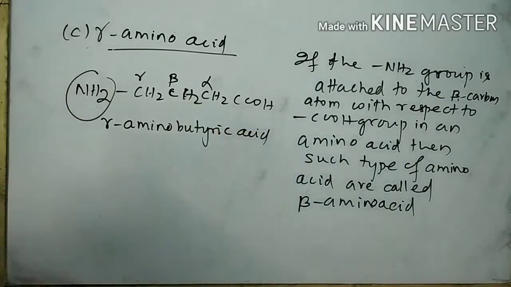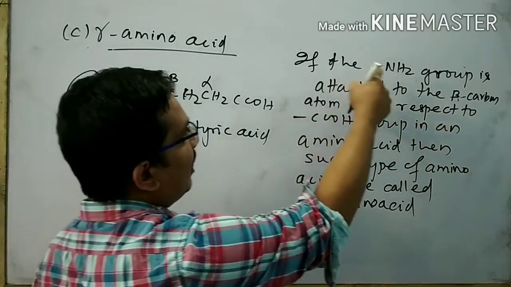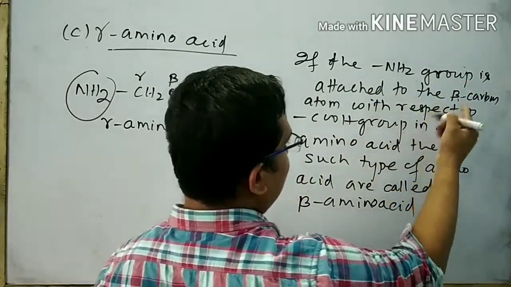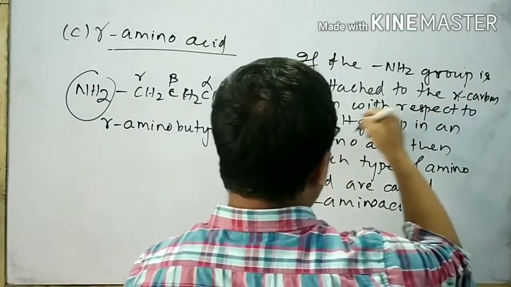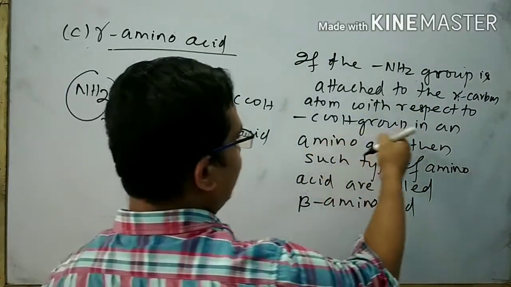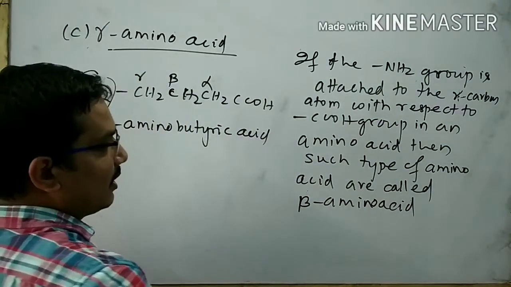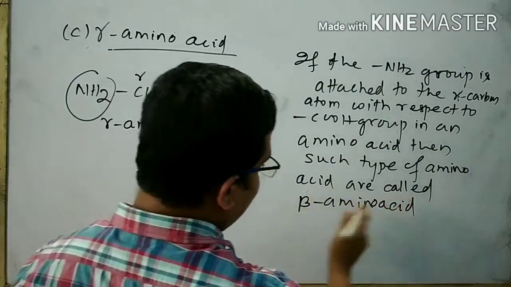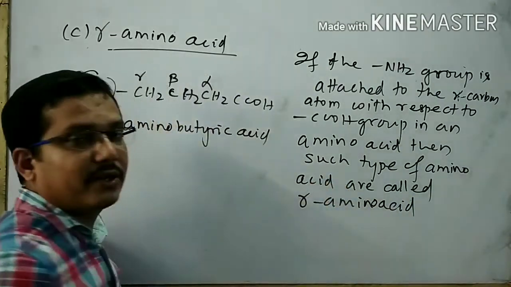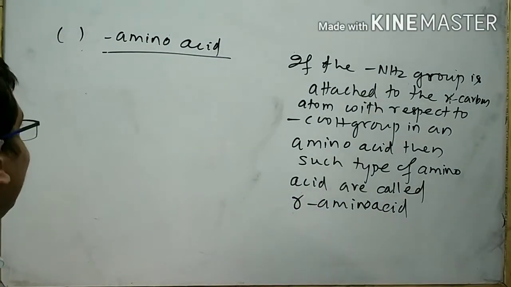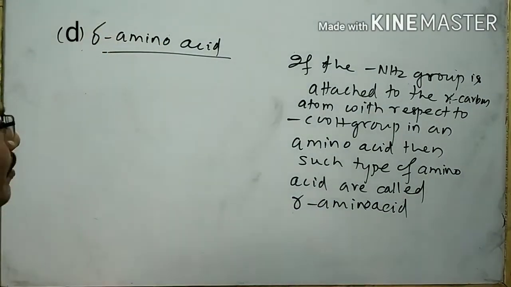From this example, it is clear that if the NH2 group is attached to the gamma carbon atom with respect to the COOH group in an amino acid, then such amino acids are called gamma amino acids. Next, I will discuss the delta amino acid.